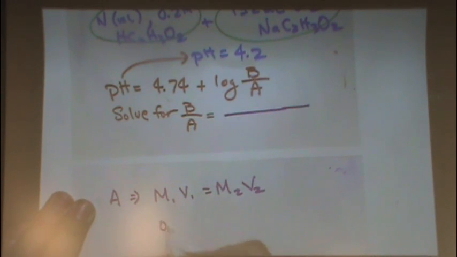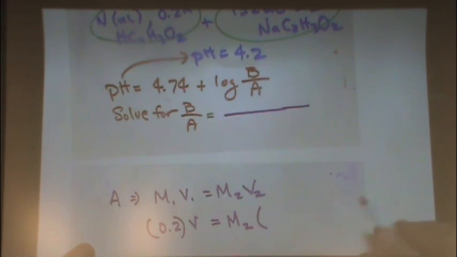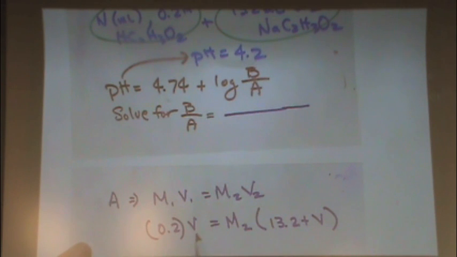The initial molarity is 0.2, the initial volume is V, and the final molarity we don't know, and the final volume is 13.2 plus V. So see, this is the problem. We don't know this final molarity of the A.